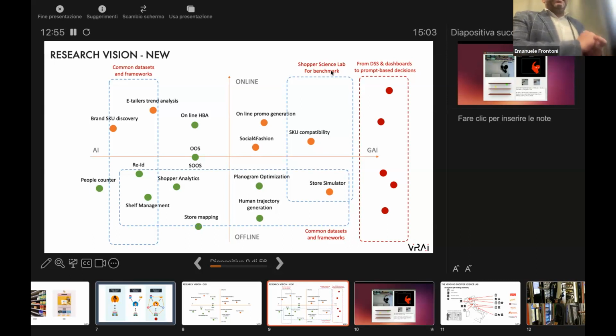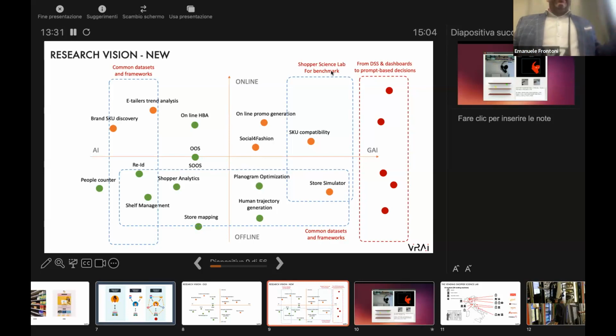So what we are trying to push here is moving from a decision support system with a lot of dashboards, I will show you something again on this side, to something that is very near to the final decision. We are calling this a sort of prompt-based decision, following the trend of prompt engineering for generative AI. So we want to make a very new and simple approach to helping retailers handle the online and offline market altogether. So that's the main vision.